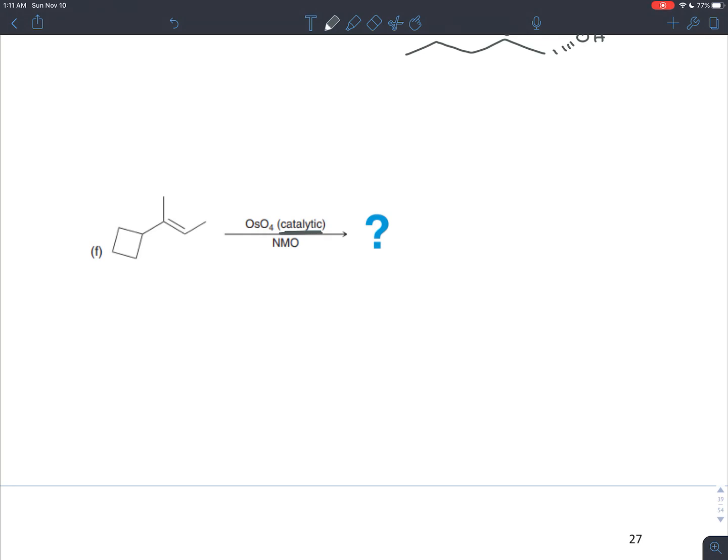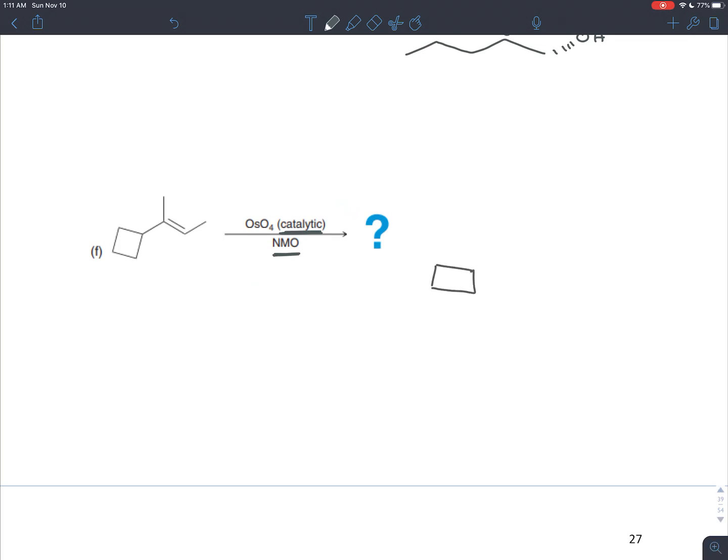You add a tiny, tiny bit, and as it gets used up, you regenerate it with this NMO, that N-methylmorpholine N-oxide. And the N-methylmorpholine N-oxide regenerates the osmium tetroxide as it gets used up. Okay, so you'd recognize that as a recipe for syn dihydroxylation.